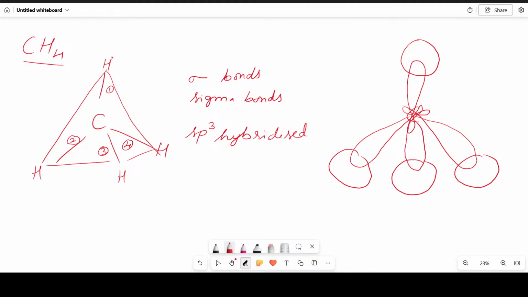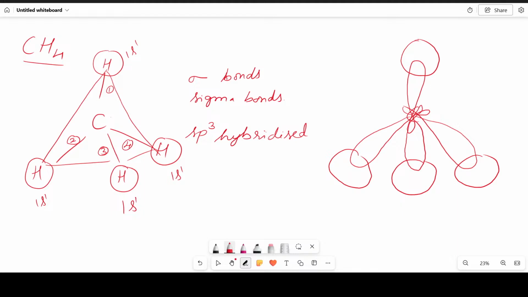We have written hydrogen atoms at the four corners of the tetrahedron. What is the electronic configuration of hydrogen? It is 1s1. So each hydrogen atom has one electron in its valence shell.